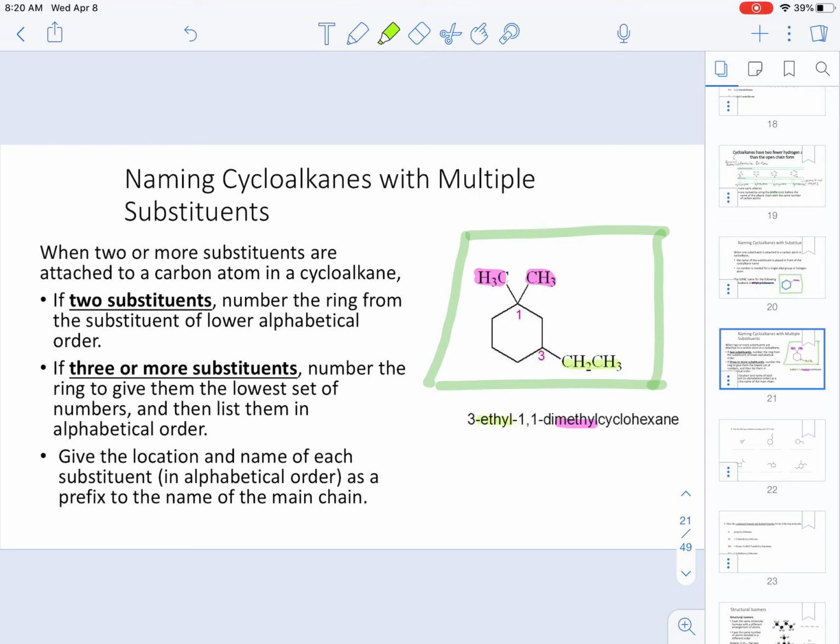One of the things is that, remember, we need to put these substituents in alphabetical order. I'm going to write a note.